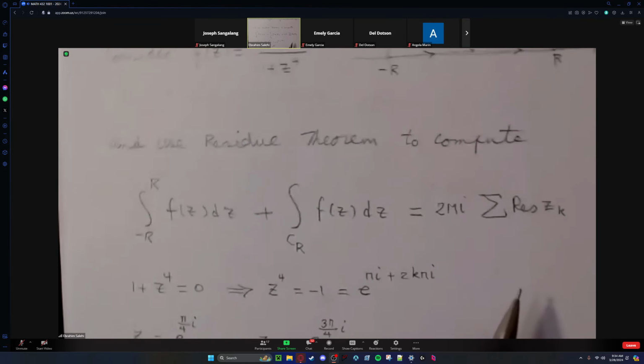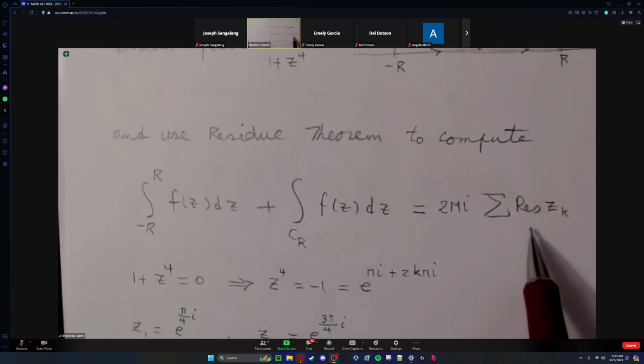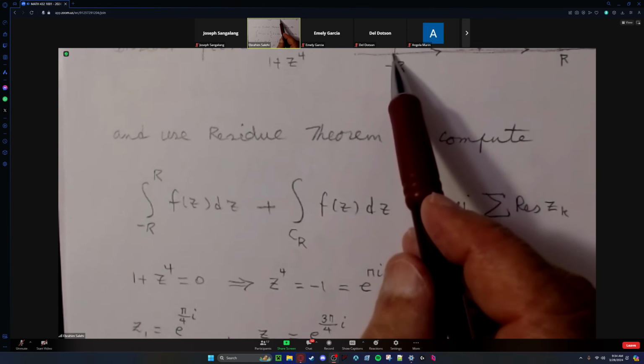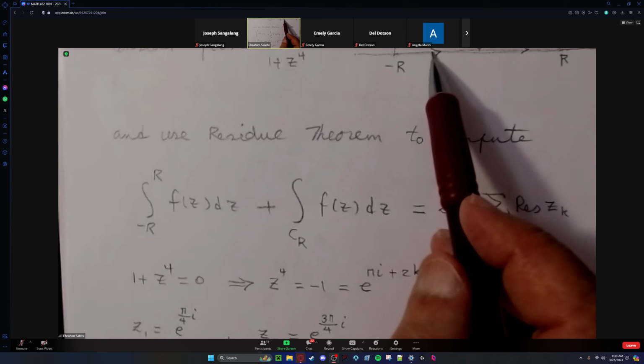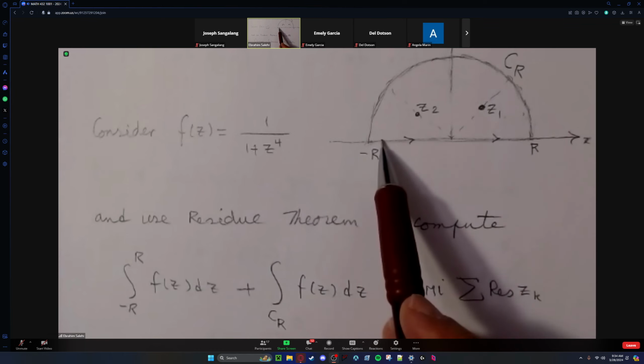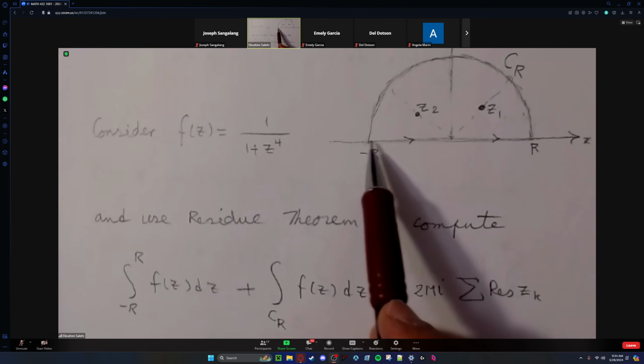Now, let's analyze this equation. When you are on from negative r to r, the parameterization, it is just x-axis, no y involved.